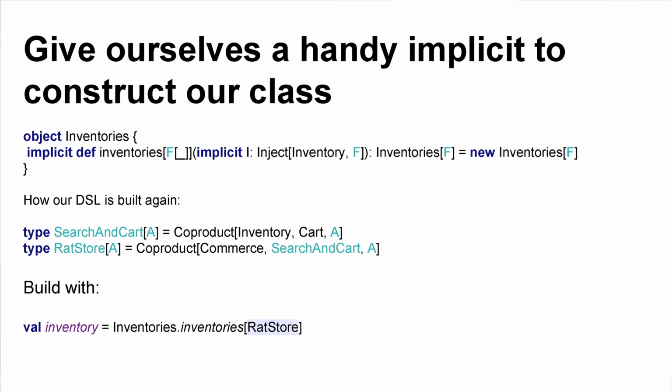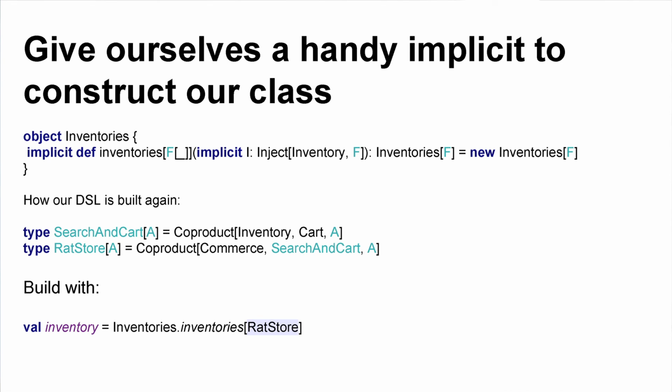So at the end of this, we then give ourselves a handy constructor here, which, like I said in the beginning, we need to actually build an instance of our smart injectors. And this is our constructor for that with all of the implicits defined here.